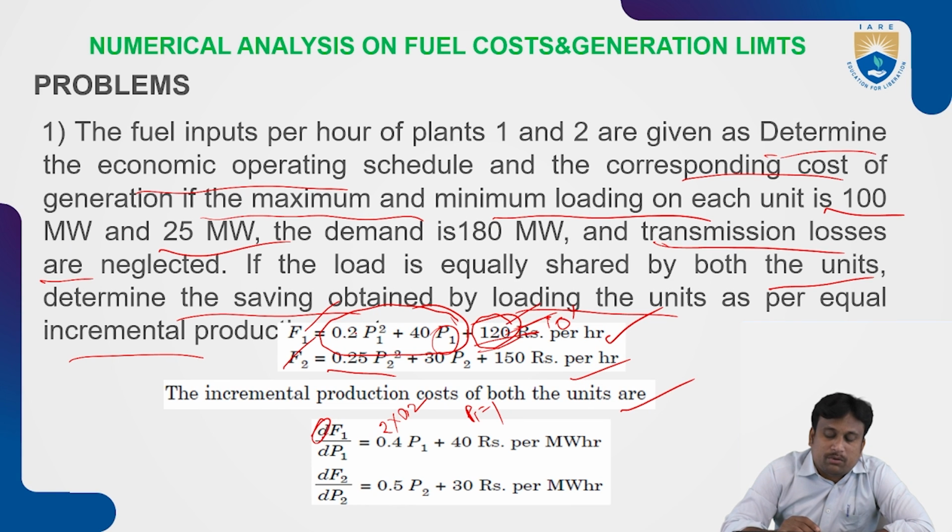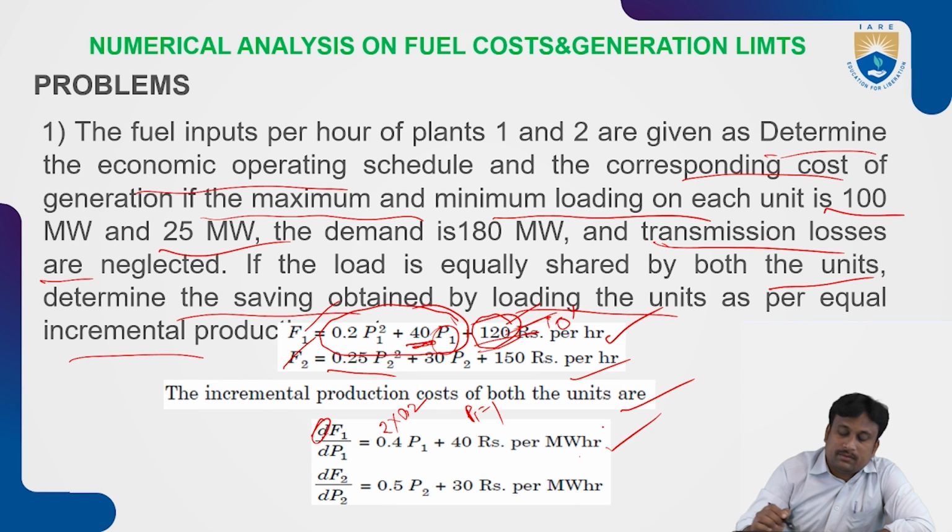So 2 into 0.2, that means 0.4. Here P1 becomes 1, then 40 into 1 is 40. So this is the expression we got for unit 1, dF1 by dP1, that is 0.4 P1 plus 40 rupees per megawatt hour.